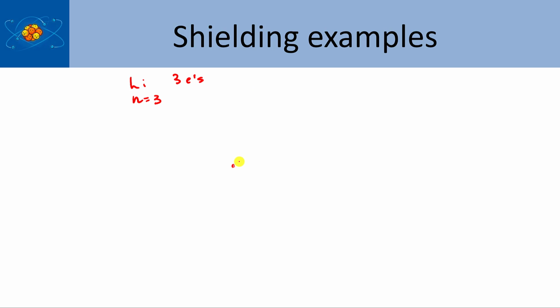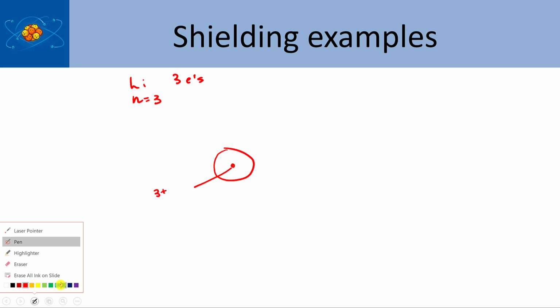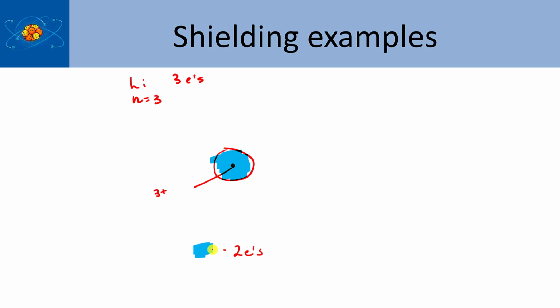And I think about how the electrons are arranged. So I have a 1s orbital. The nucleus is a 3+. But within that 1s orbital, I have 2 electrons. So I'm going to highlight those. So that represents the 2 electrons. So the net effect is then that last electron, which is in the 2s orbital. Remember, the electron configuration for lithium would be 1s2 and 2s1.